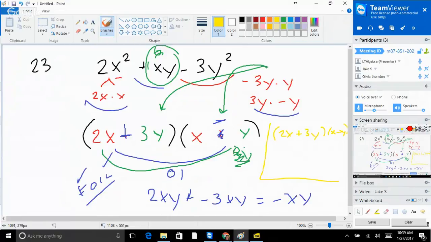If we really want to check our FOIL, we would get 2x squared. Outside would be negative 2xy plus 3xy minus 3y squared. And so you're going to end up with negative 2xy plus positive 3xy, which is just xy. So that would be how you would factor that.